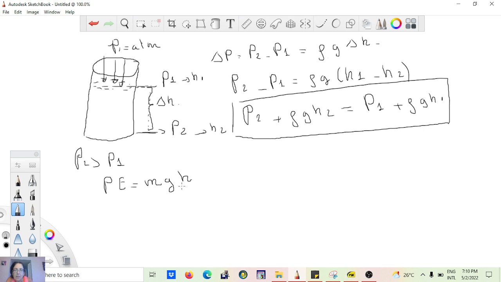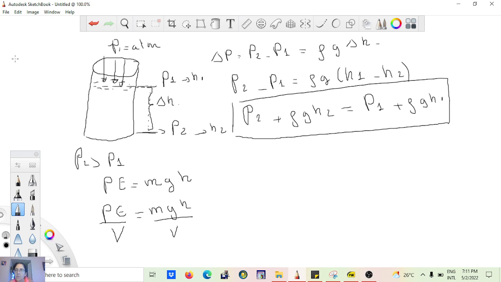You just have to decide at which level the potential energy is 0, but that was the equation. Now, if you take the potential energy per unit volume, you have to divide by the volume, so you get mgh divided by V.